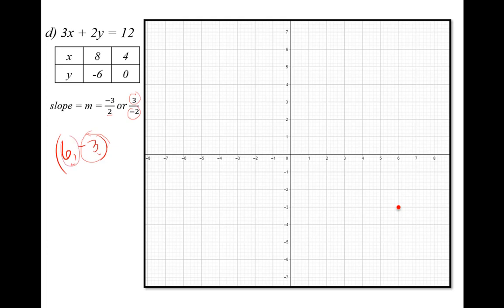Then, we'll end up with an ordered pair (4, 0). So, pag piniplot natin yan, ayan siya. Essentially, that's your x-intercept, right? So, pag pinag-connect, ayan. At pag piniplot pa natin yung isa pang point, yung (8, -6), ayun, pasok sa banga. Okay. And this is our graph for the linear equation 3x + 2y = -12.